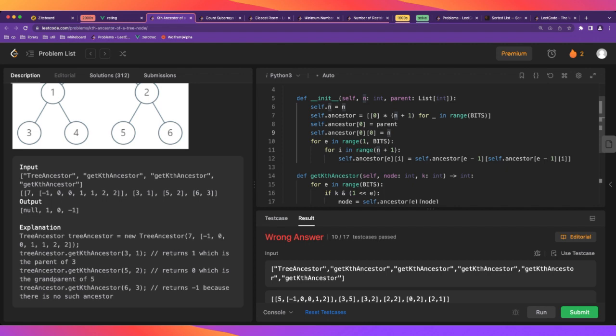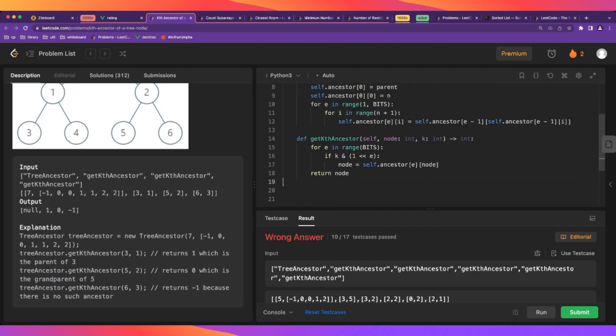We don't have any -1. And here, if node is equal to n, we return -1, otherwise we return the node.